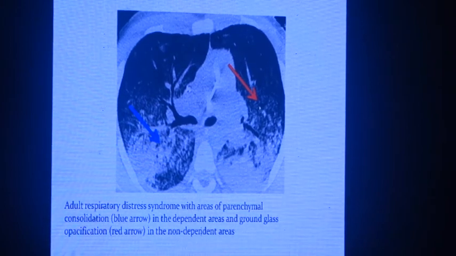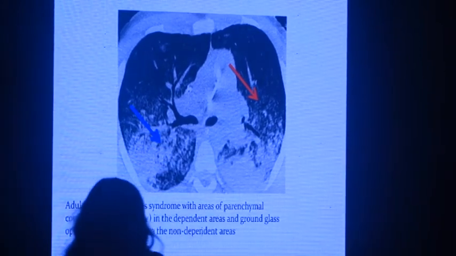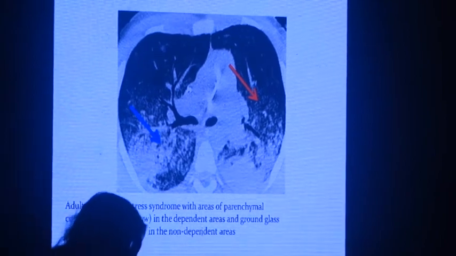So in the dependent region you will have a parenchymal consolidation. In this patient there is a hilar opacity, the vessels are not visible. At this point, with the parenchymal opacity, it is a pneumothorax.